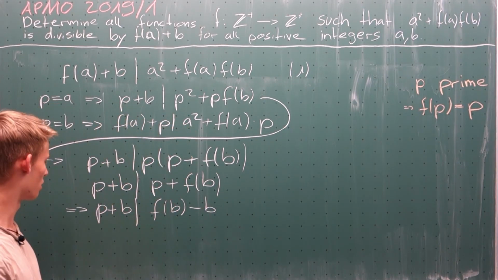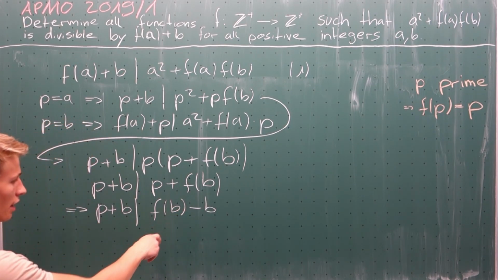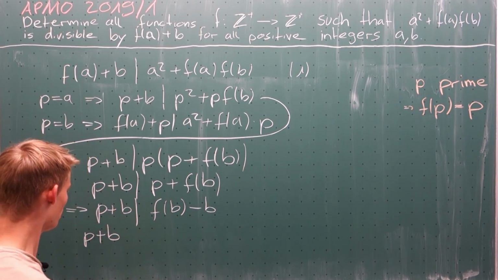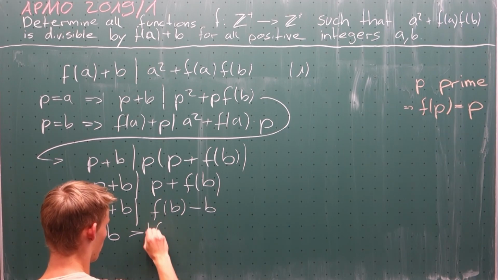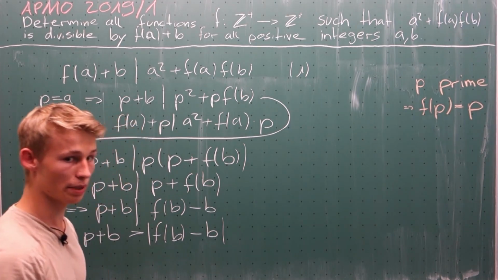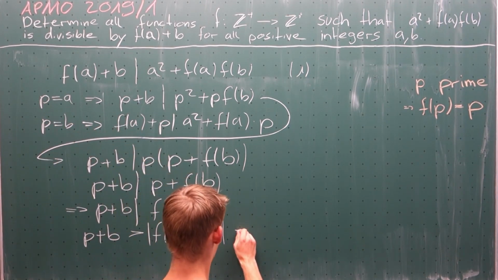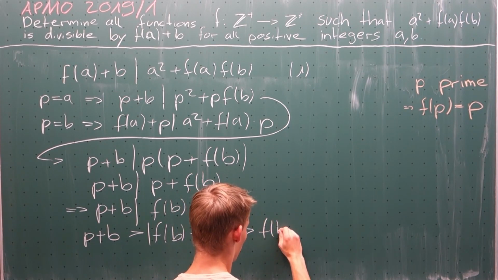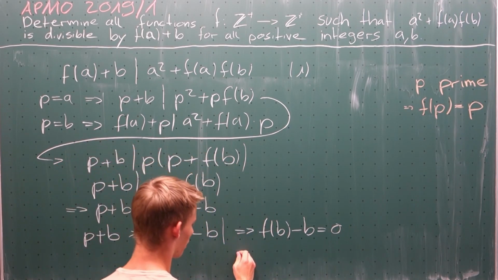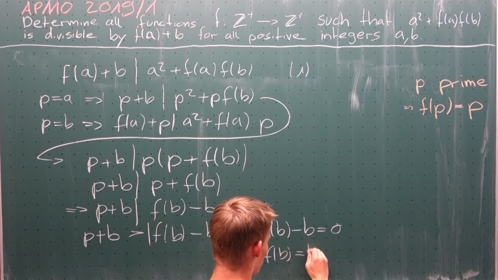But now we can choose p large enough, and therefore p plus b is greater than f of b minus b. But this means that f of b minus b must be 0. So f of b minus b is equal to 0, and therefore f of b is equal to b.